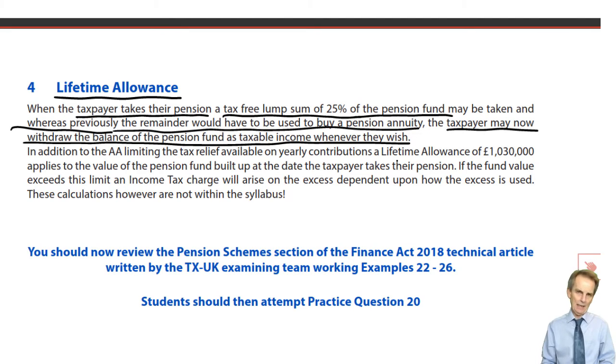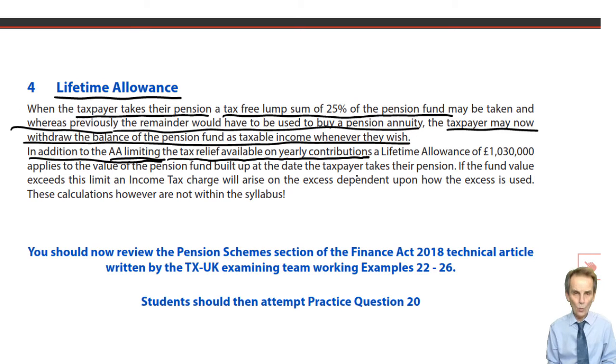But when you do take that pension, there's another issue, and that is, in addition to the AA, our annual allowance that has limited the tax relief available when you made your contributions, we also put a ceiling on the level of pension fund that you can build up and still take the tax benefit of the 25% tax-free lump sum.